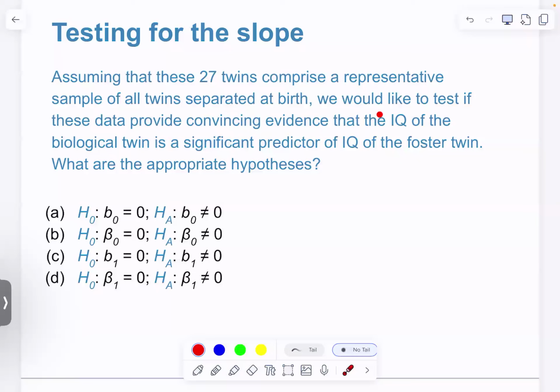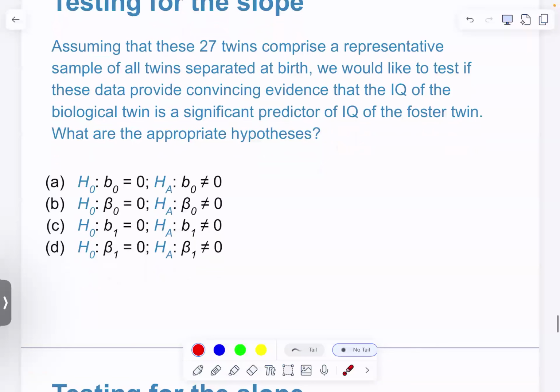We would like to test if these data provide convincing evidence that the IQ of the biological twin is a significant predictor of IQ of the foster twin. And so for it to be a significant predictor, we want to know if the slope attached to the bio IQ is significantly different from 0, right?